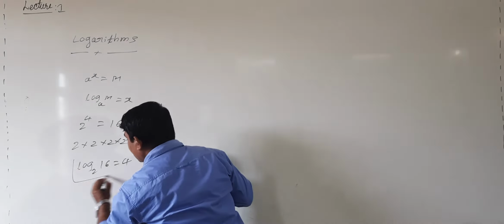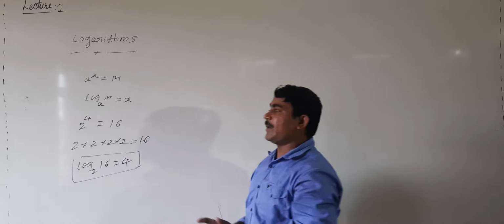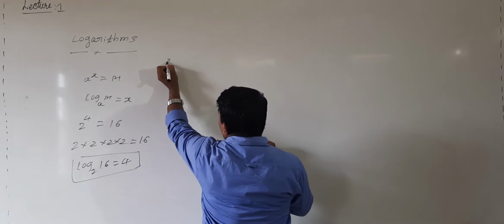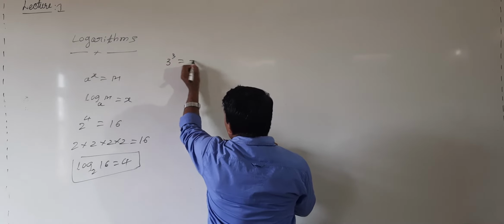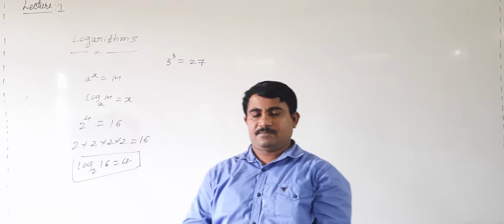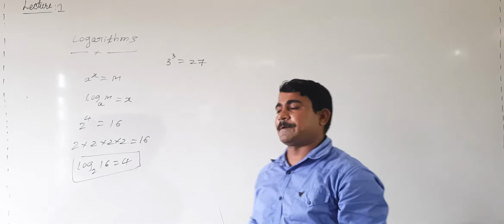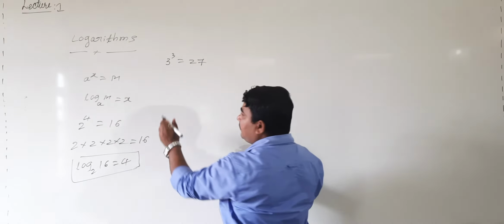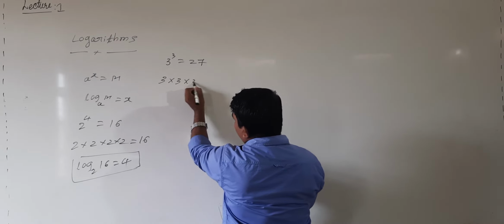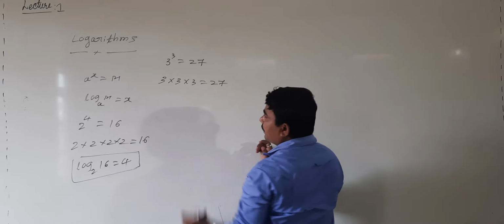This is logarithm. One more example I will take. See here, students. How to write? 3 raised to 3 equal to how much? 27. How to write this actually? 3 into 3 into 3 equal to 27.